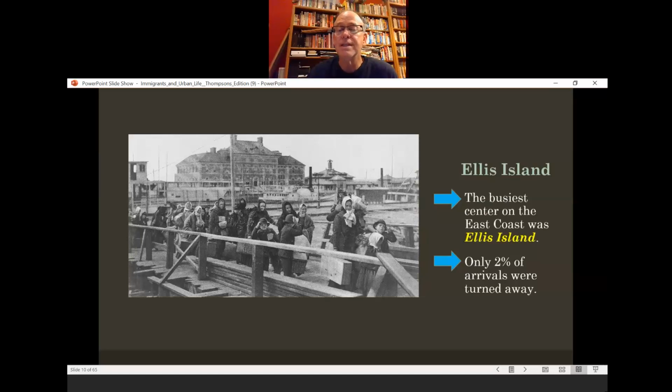So it was a risk worth taking for most people. And I would guess that the 2% that were turned away, it was probably because of some kind of medical, the diseases, things of that nature would be my guess. If you need more time, you can always pause.